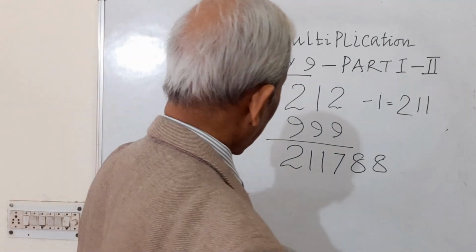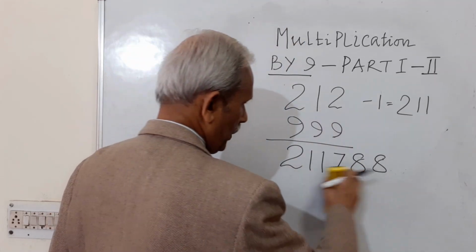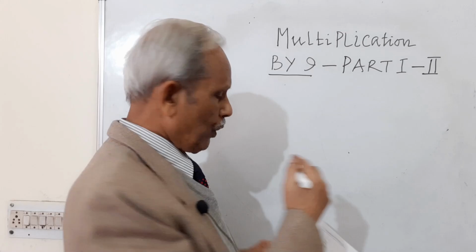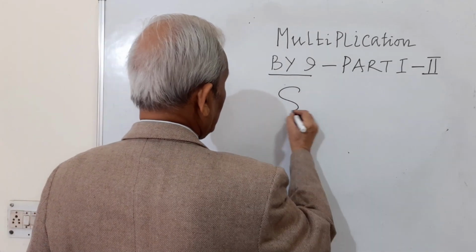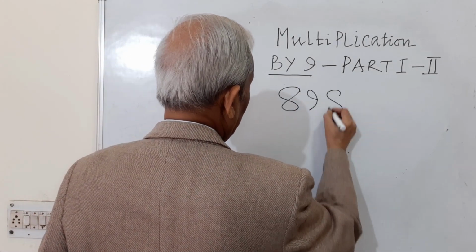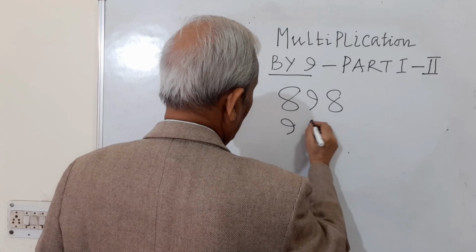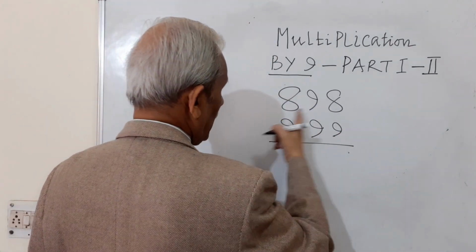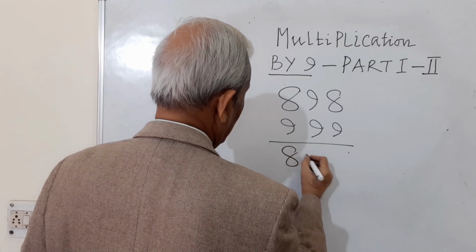Well, now let us do the next question. It's 211788. Next question is 898 into 999. The first part of the answer is 898 minus 1, 897.